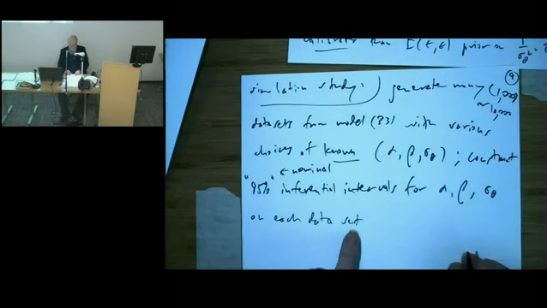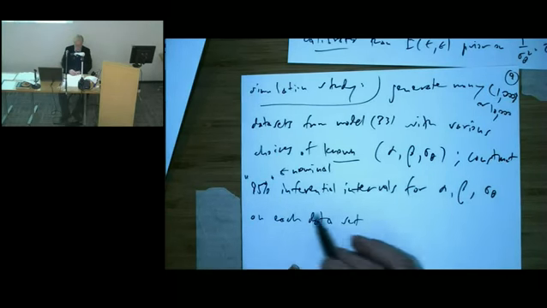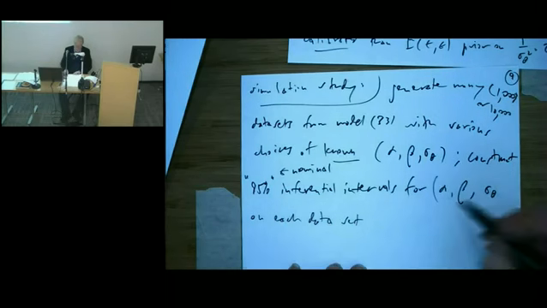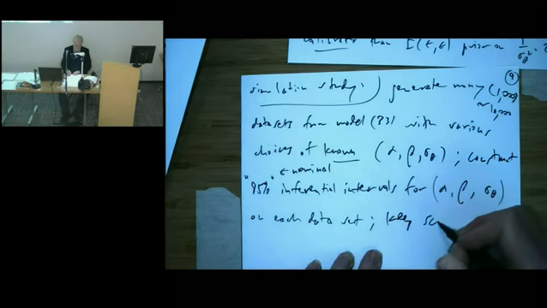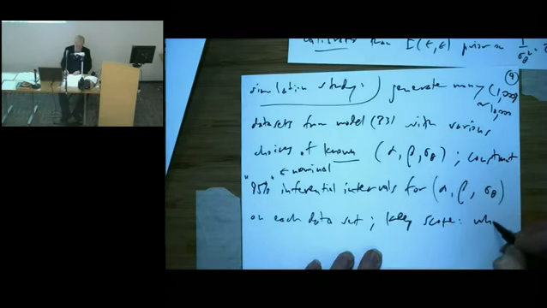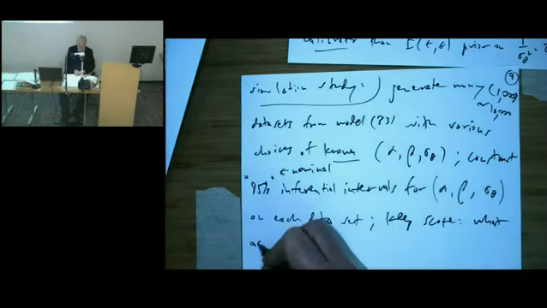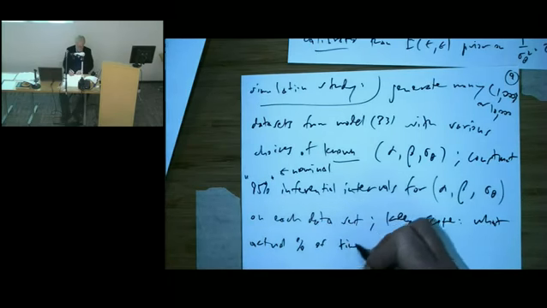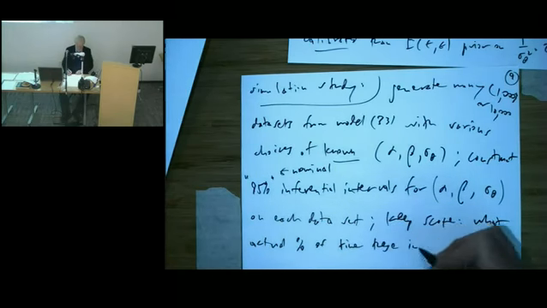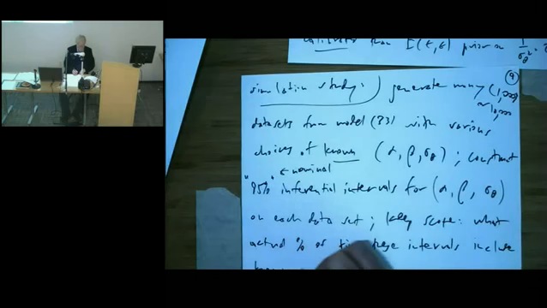That would mean good calibration. So construct 95% nominal inferential intervals for those parameters on each data set and keep score. What is the actual percentage of time these intervals include the known data generating parameter values?